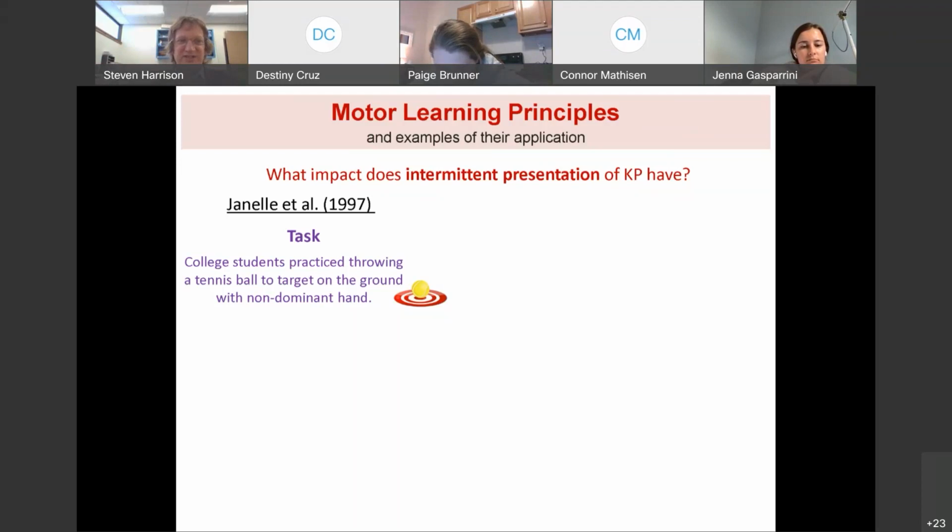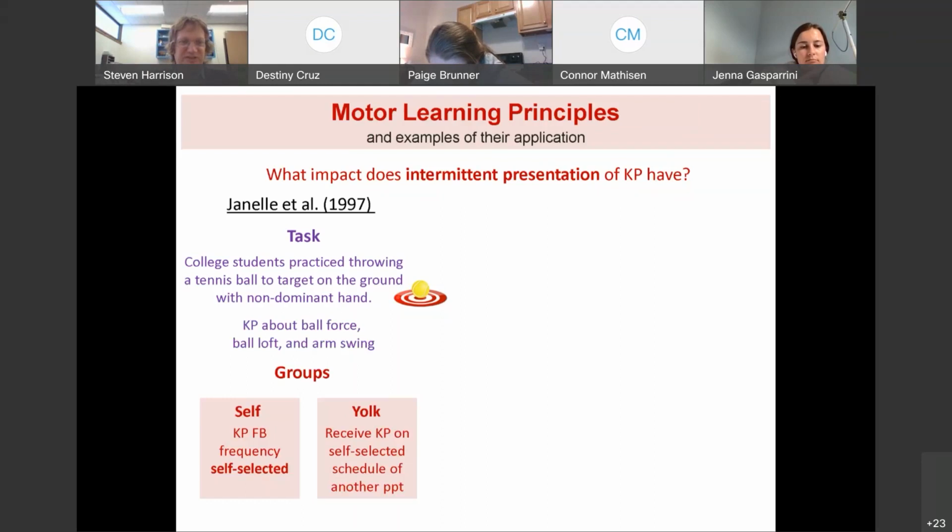College students are going to practice throwing a tennis ball to a target on the ground using their non-dominant hand. And they're going to get knowledge of performance about the amount of force that they're exerting on the ball, the degree to which the ball is being lofted up into the air, and the specifics of their arm swing.